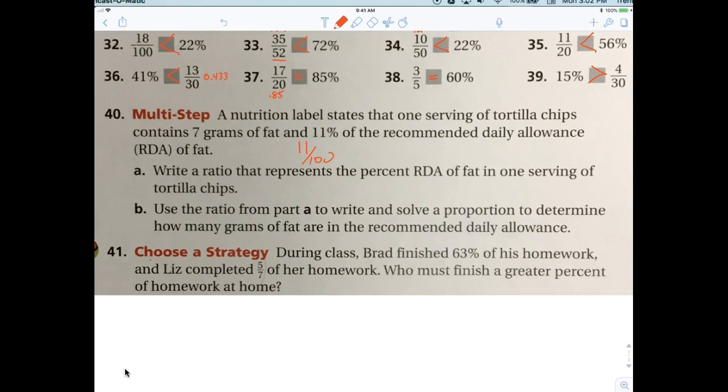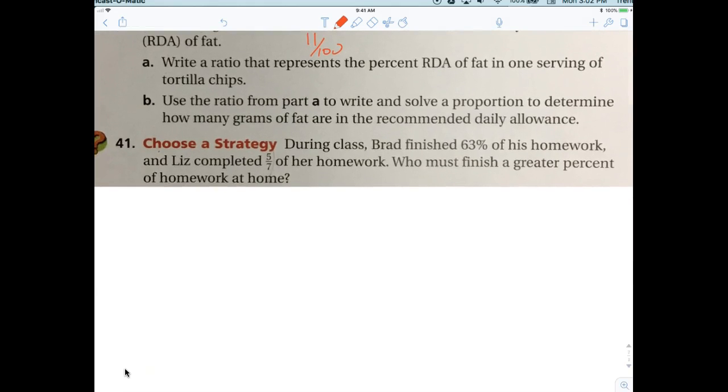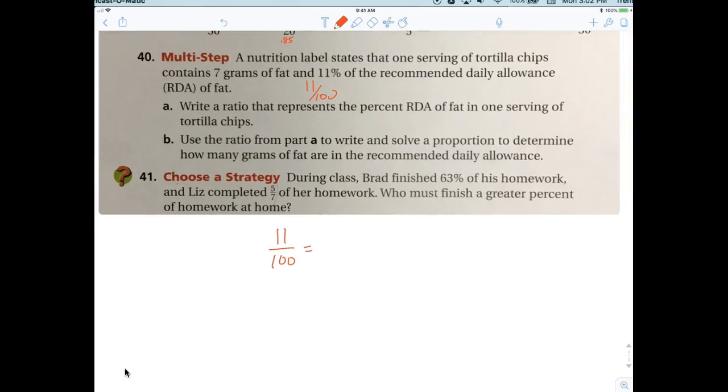Now, on this last one, it would be 11 out of 100 is equal to x over 7. Cross multiply and divide that, please. It's less than 1. It's 0.77.